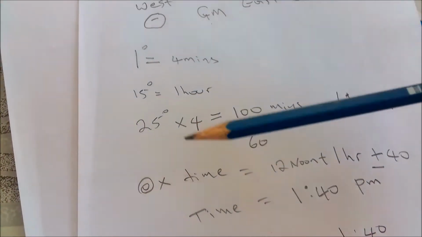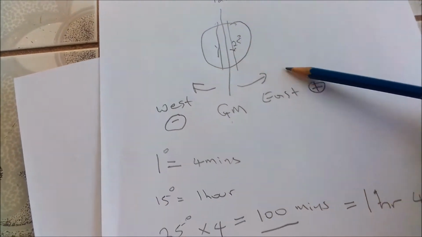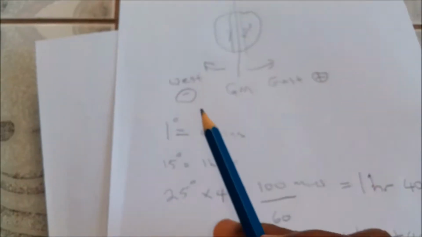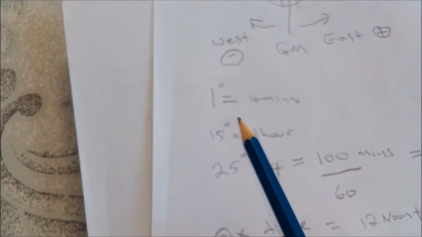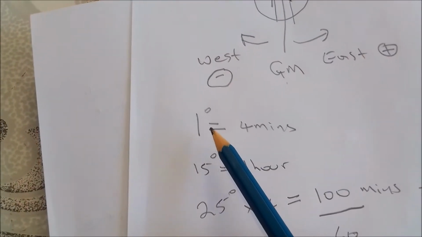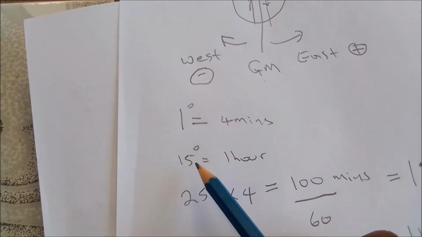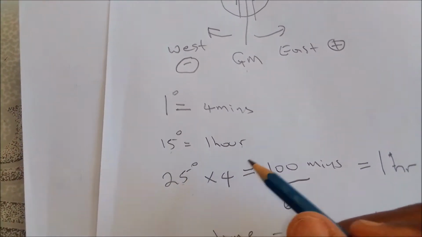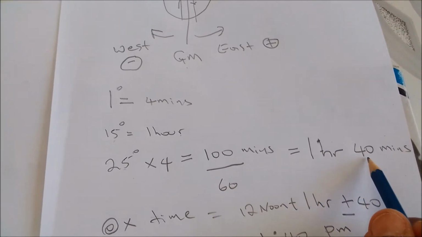I've explained moving east, moving west, and that 1 degree equals 4 minutes, 15 degrees equals 1 hour, so 25 degrees equals 1 hour and 40 minutes.